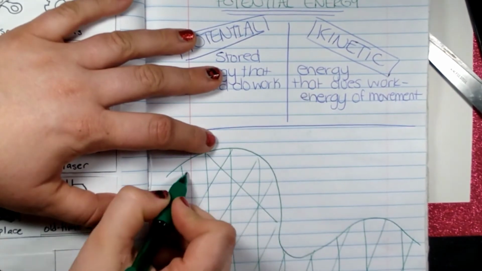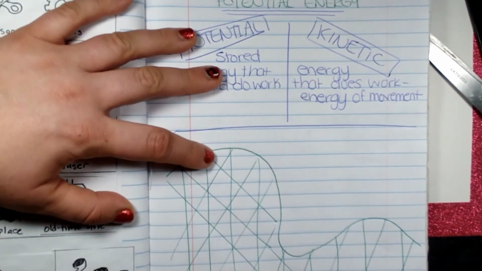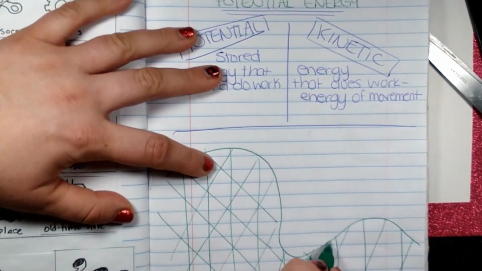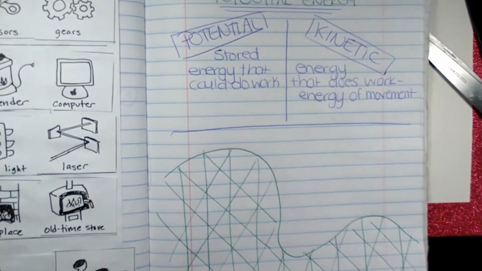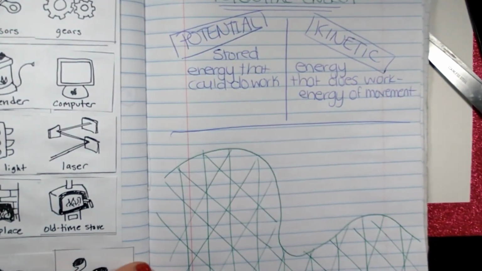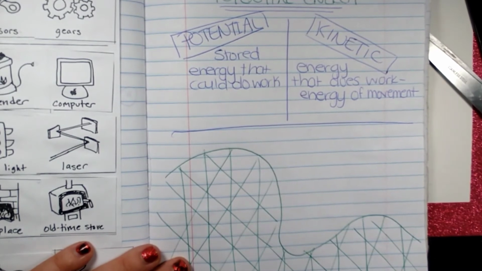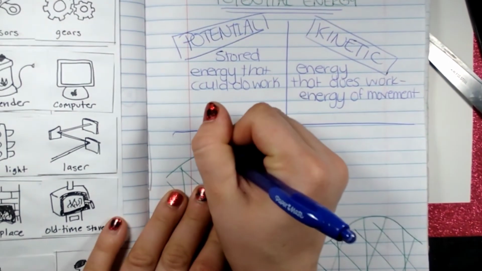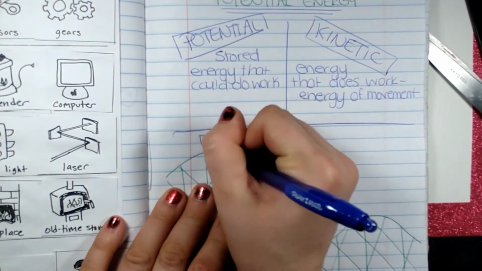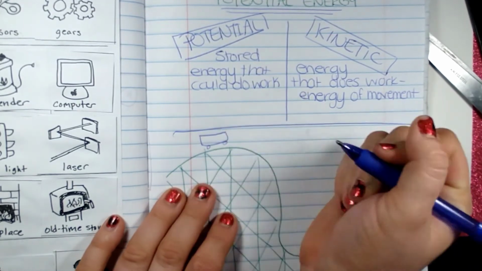And we'll go like this. All right, so we're good to go. We have our roller coaster here. I have my cart at the top. I have my little cart at the top with its little wheels, okay?